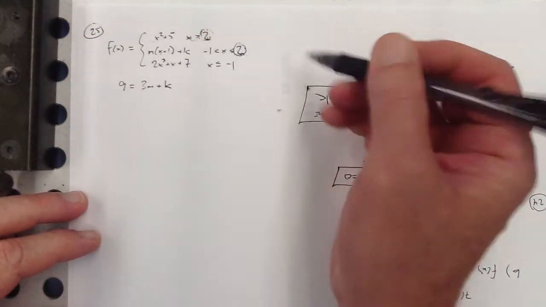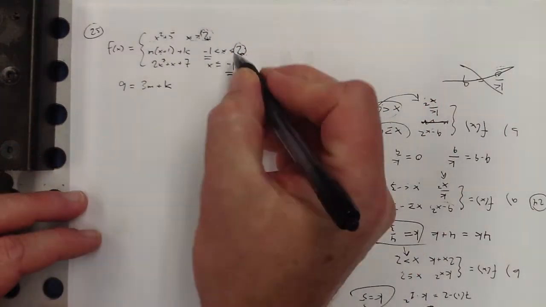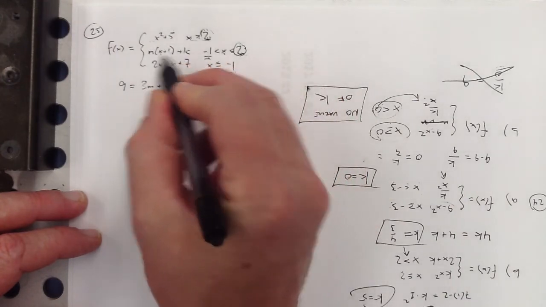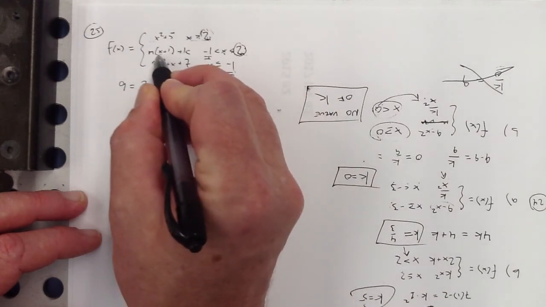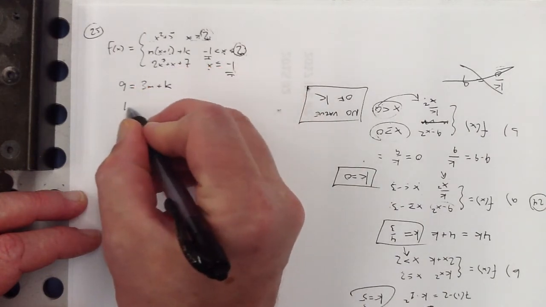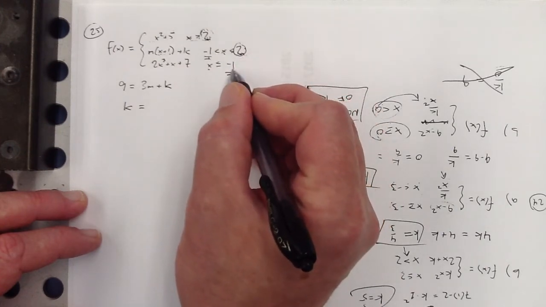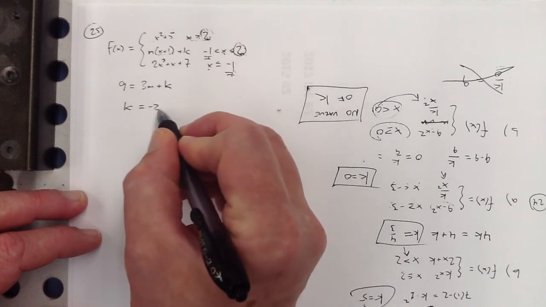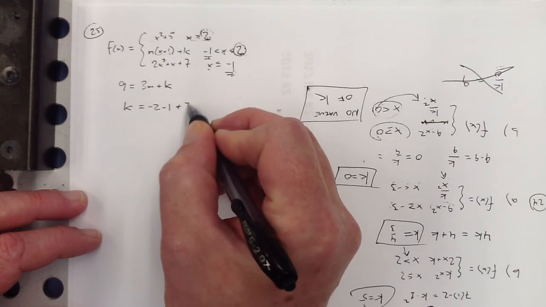Now here, it's transitioning from being above -1 to being below -1. So when I plug x equals -1 into these two, they would have to be equal. So -1 in here, that would be 0, so that's just k. That would have to be equal to, when I plug -1 in here, -2 minus 1 plus 7.